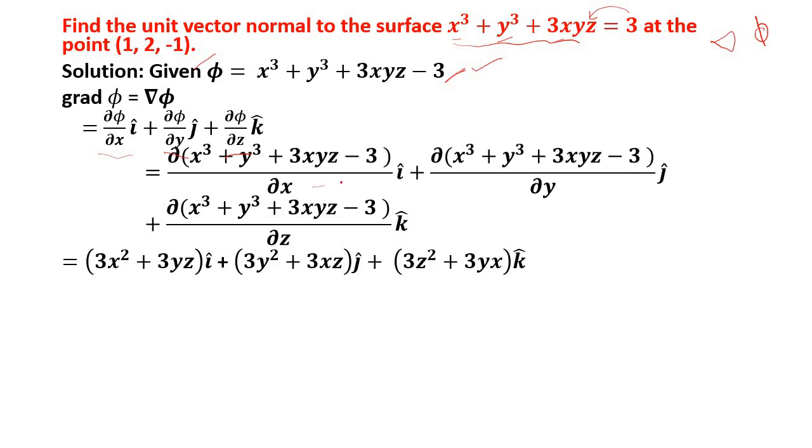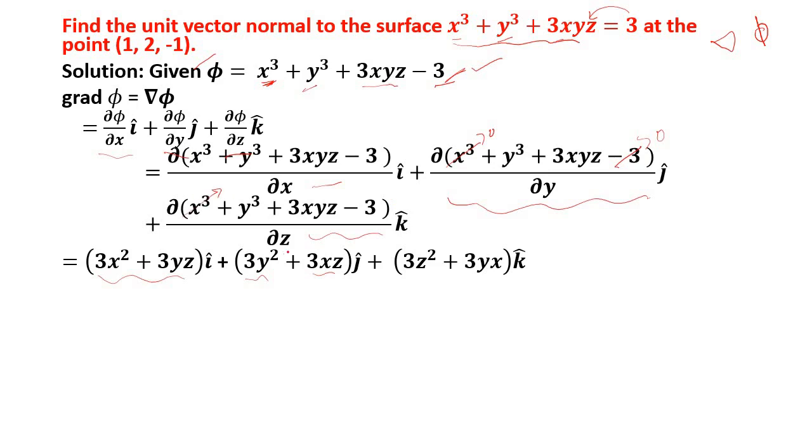The derivative with respect to x is 3x squared, no x in the next term, and the last term gives 3yz. So this is the derivative of phi with respect to x. Now the derivative of phi with respect to y: x cubed reduces to 0 because x is constant, y cubed differentiation is 3y squared, and the derivative of the last term is 3xz.